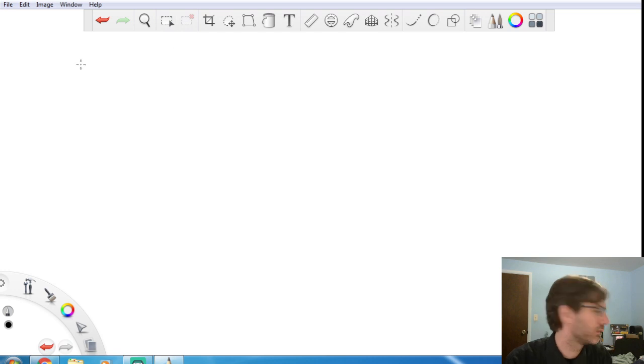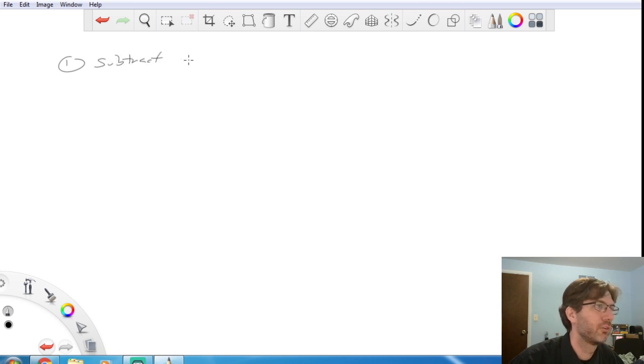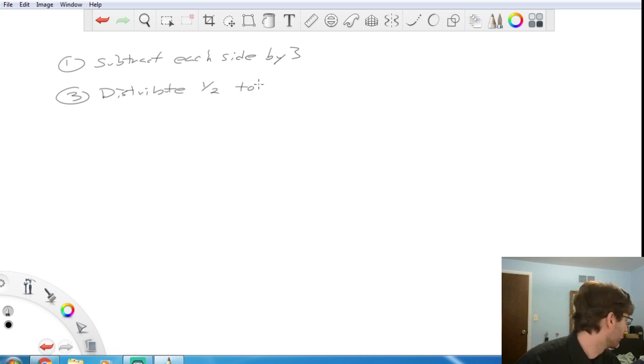I don't remember what 3 got us. But technically the answer to number 1 is subtract 3 from each side, and technically the answer to number 3 is distribute 1/2 to n and negative 8.